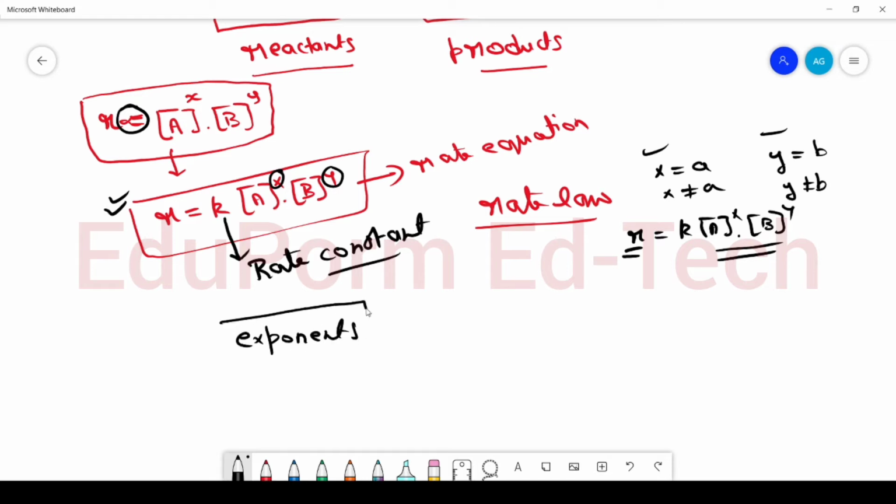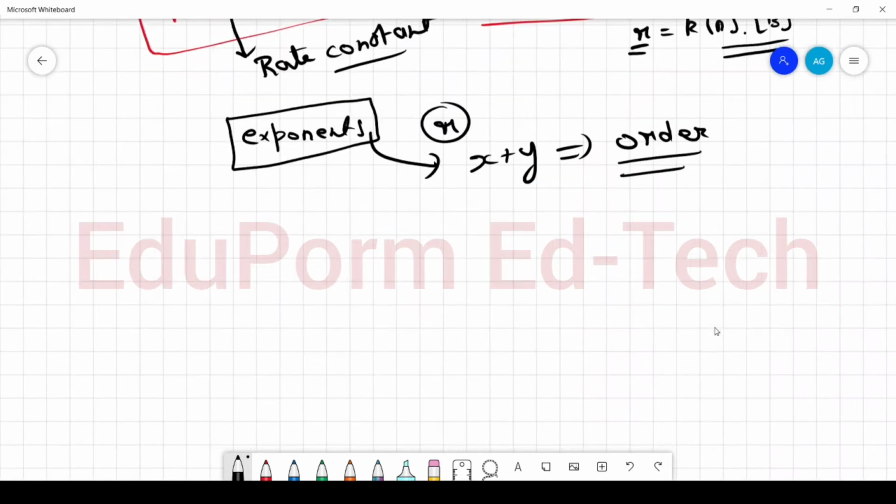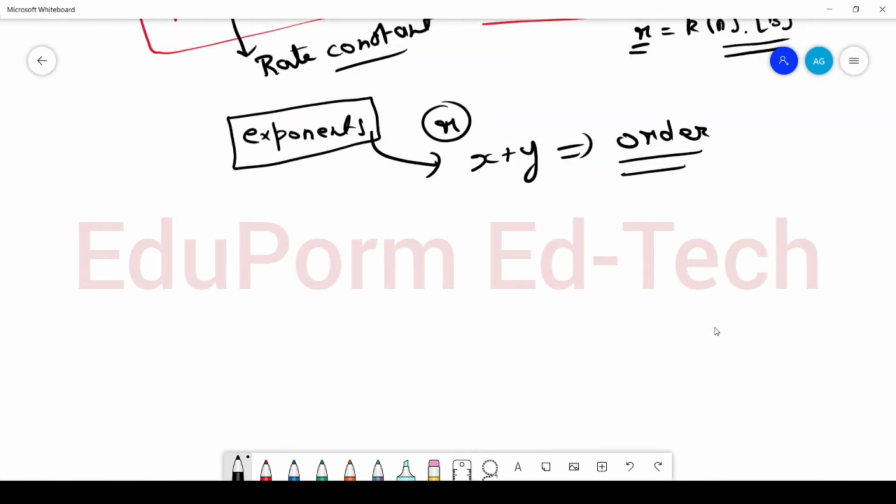These exponents usually represent the change in rate of reaction with respect to the increase in concentration of reactants. We will discuss this further using graphs, and the sum of these exponents gives us the order of reaction. So what is order of reaction? Order of reaction is the sum of exponents from the rate equation.